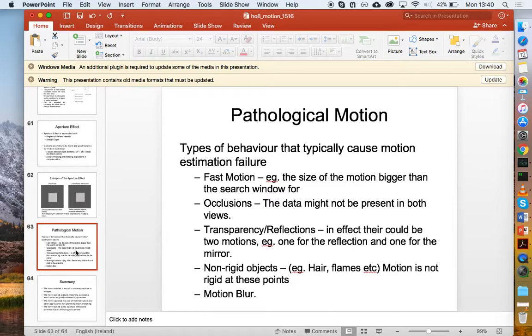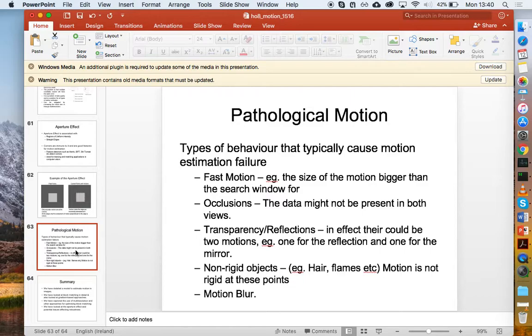So per pixel, you really should have two motion vectors. And obviously, in the way we're dealing with that here, we just assume that the motion is the same within some block. But then it doesn't take into account the fact that maybe there exist two motions going on. Okay, so most motion estimation algorithms will totally break down in case of transparency or reflection.